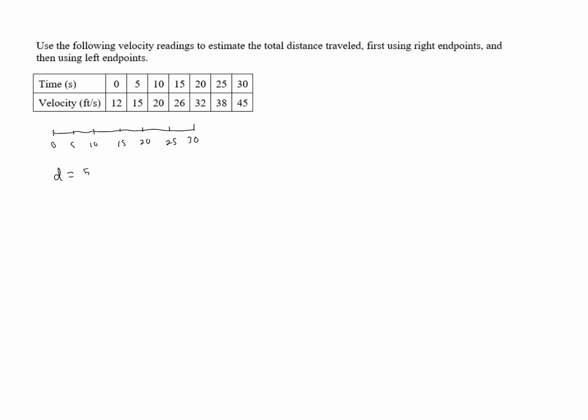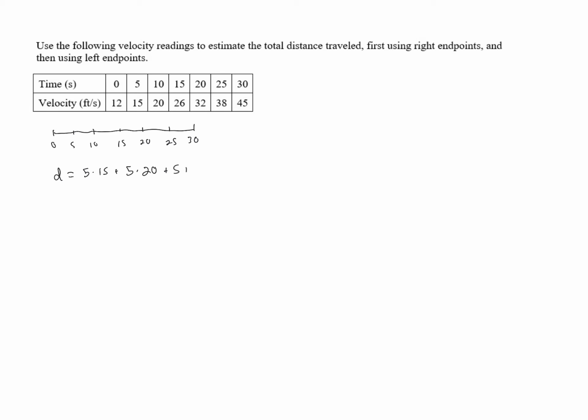So for the first interval, we've got 5 seconds times the first velocity, the reading at 5, which is 15. So 5 times 15, plus the next interval, 5 seconds times a velocity of 20. The next interval we're using 20, and so on and so forth.